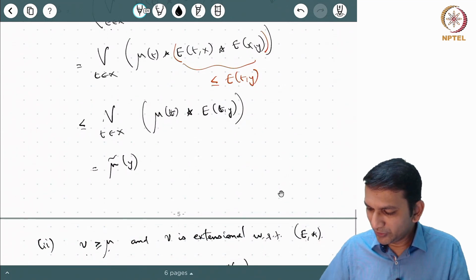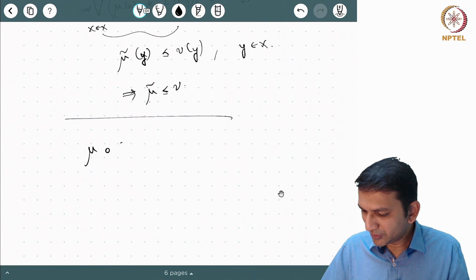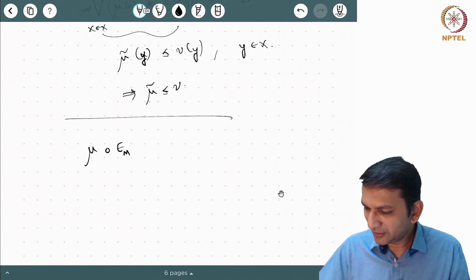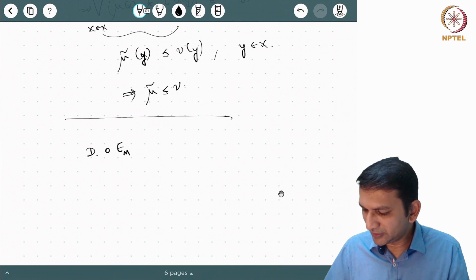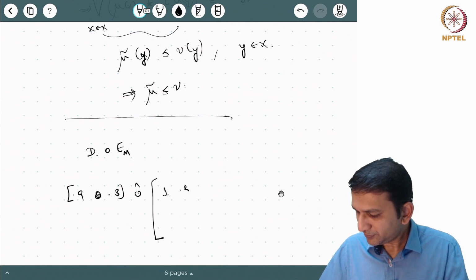So all we need to do is take mu circle EM, and here this mu is what we consider as D. So 0.9, 0.3 circle min EM.